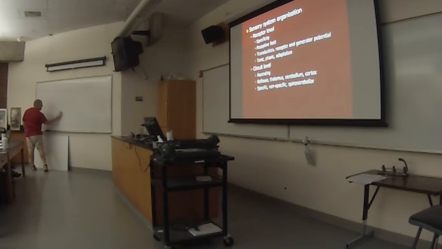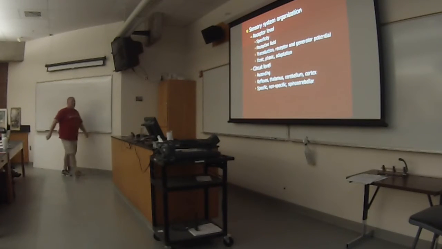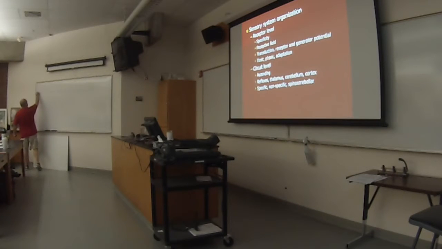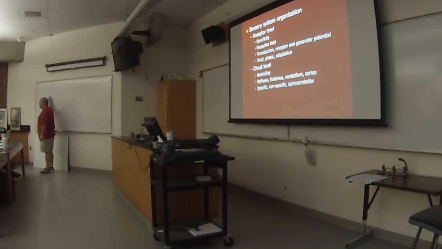So for those of you who had me for A&P1, we talked about this impulse that was going to come down the axon into the axon terminal, and we had, let's call it an effector on this side. So this is electrical right here. So I'm going to have something happen so that the impulse comes over here.